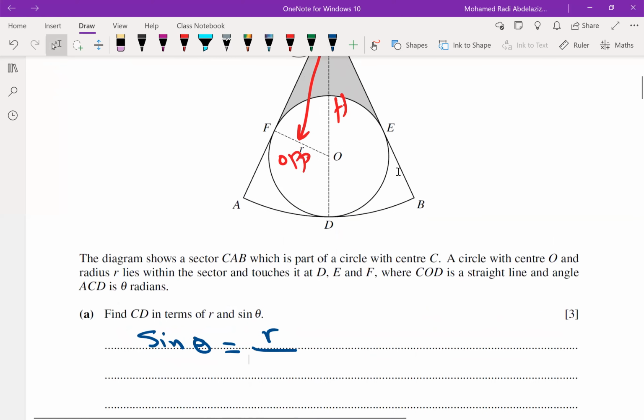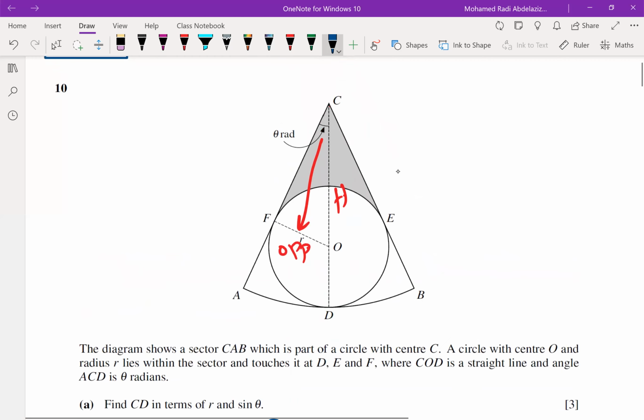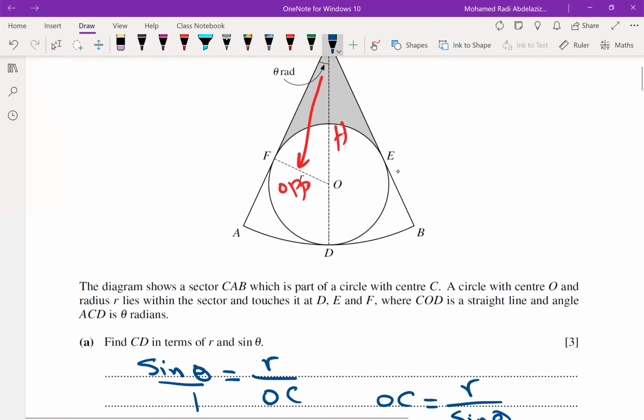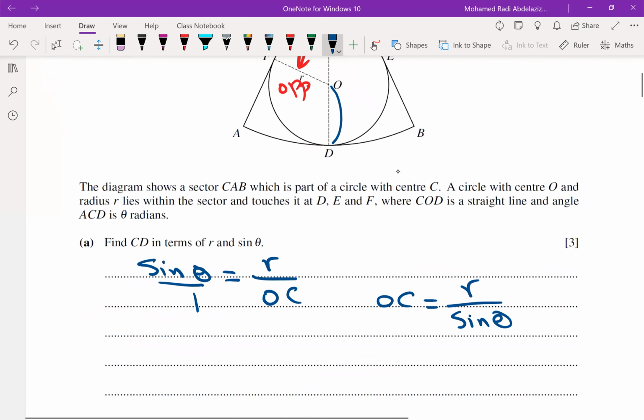By using cross multiplication, you can get OC in terms of r and theta. OC is r divided by sine theta. By adding r, which represents OD, you can find the length of CD. CD is equal to r plus r divided by sine theta.